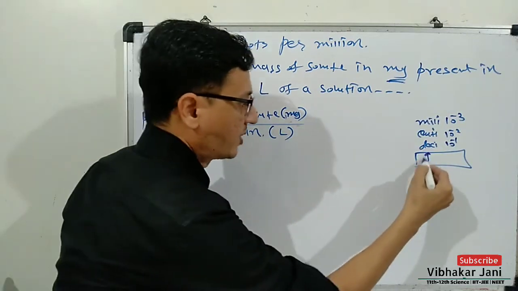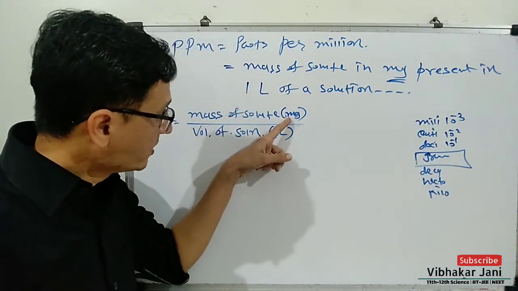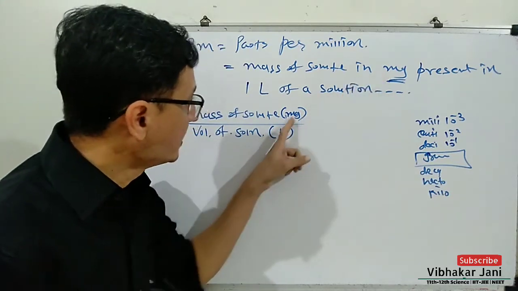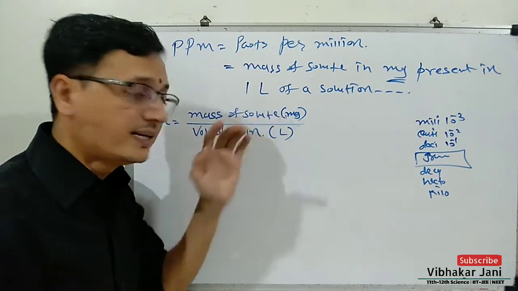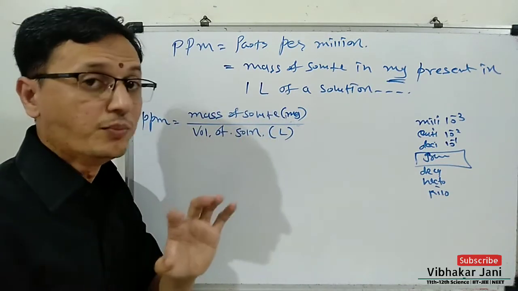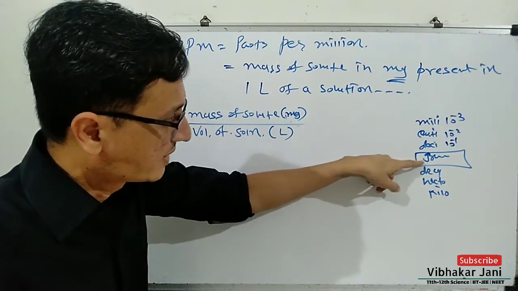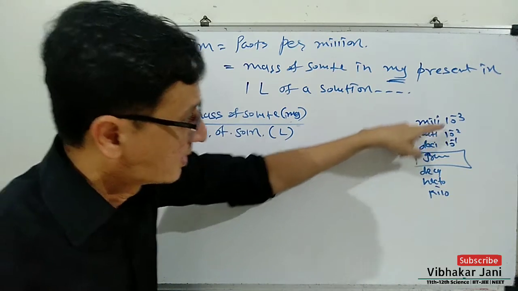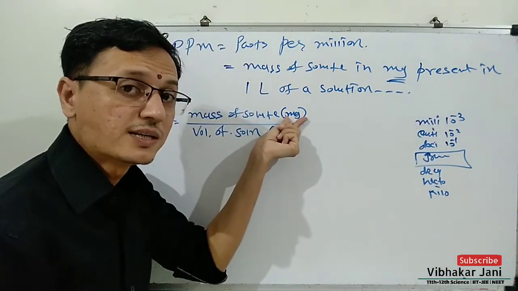So if you write gram, then the actual unit according to the definition is milligram, but we are going to write it in gram without changing the meaning of the definition. Therefore, gram is the unit which is 1000 times greater than the unit present in our definition.